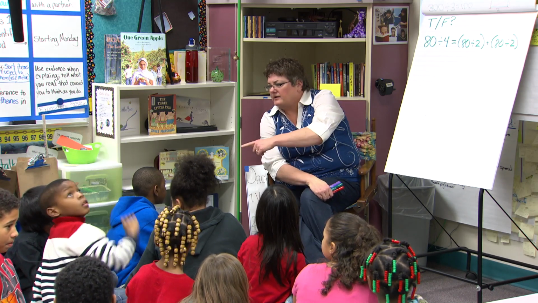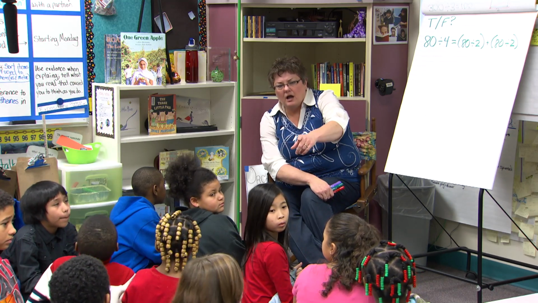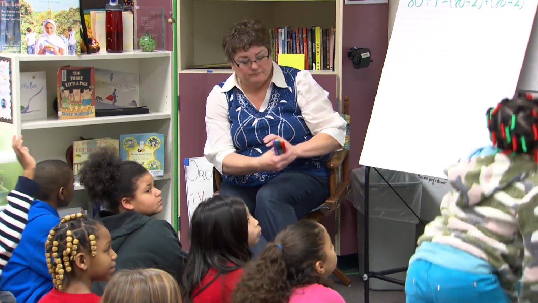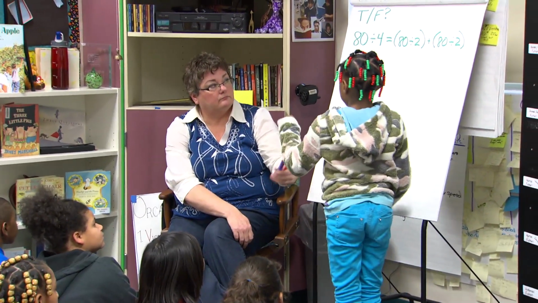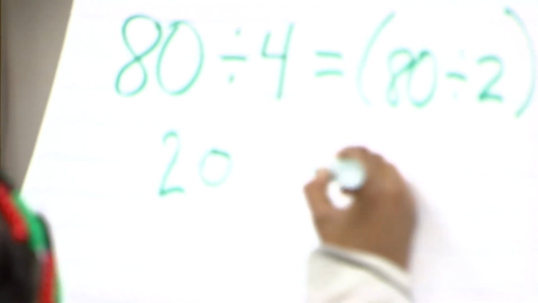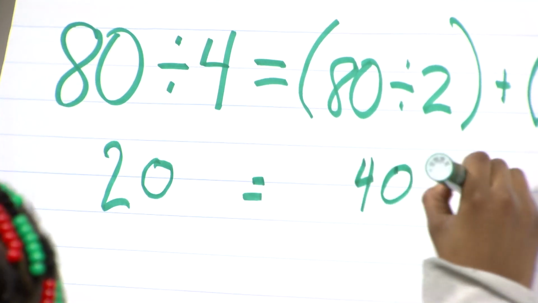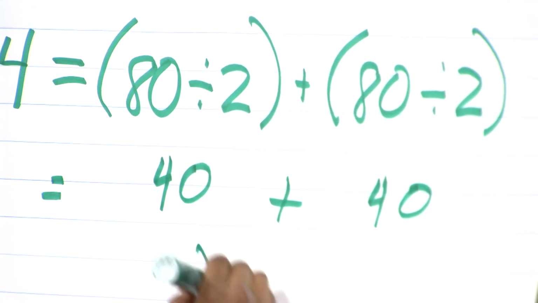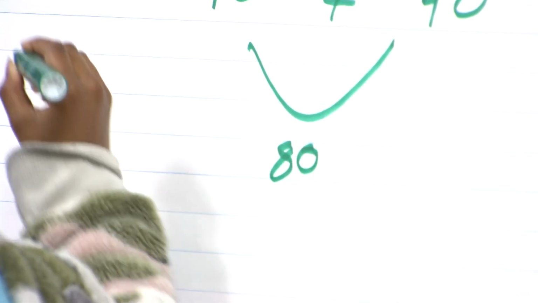And then I'm going to come back to you, okay? Can I write it out? You mean up here? Yeah. Sure. This is 20, and then it's the same as this, which is 40 plus 40, and that plus that is 80. It's not 20.